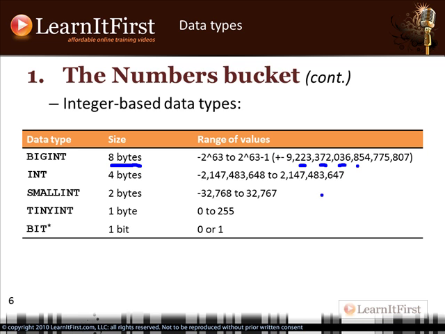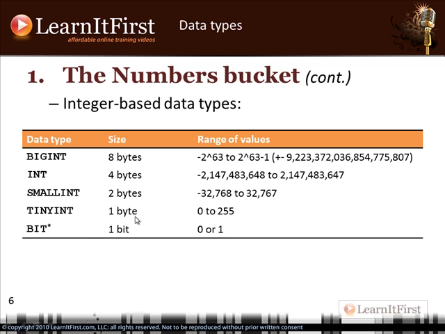Okay. Now the int is half the size, so we're talking 4 bytes, but we're only able to go to, count it up here, a million, billion. So negative to positive 2 billion. Now we're going to talk later about when I would use int versus bigint or versus smallint.